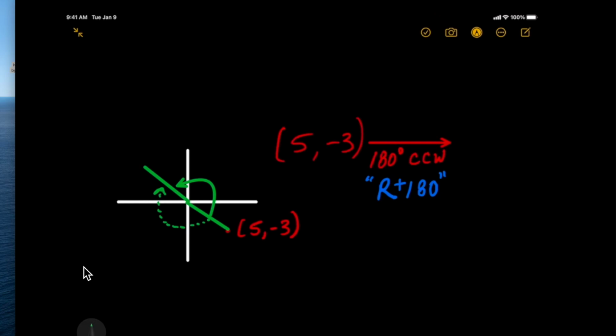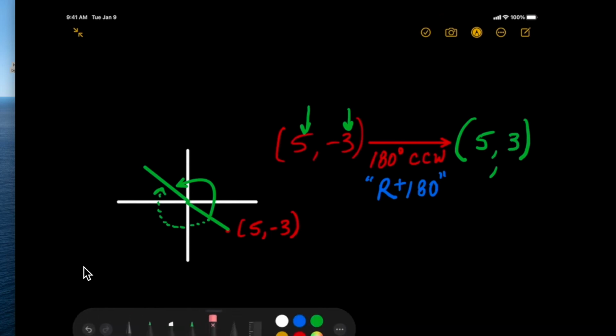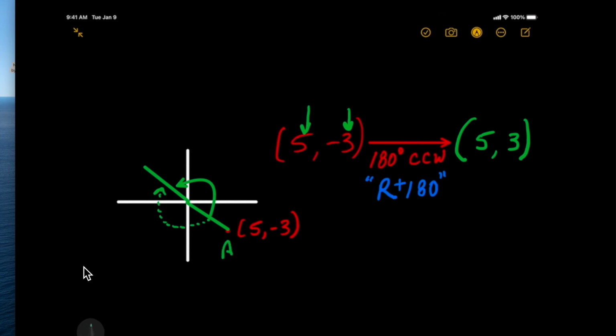So as we spoke about a few moments ago, because we are doing a 180-degree rotation, we keep these integers the same. We don't talk about the sign yet. So that's going to become 5, 3. Now let's look at the sign. We went from this original spot, let's call this point A, to A prime.